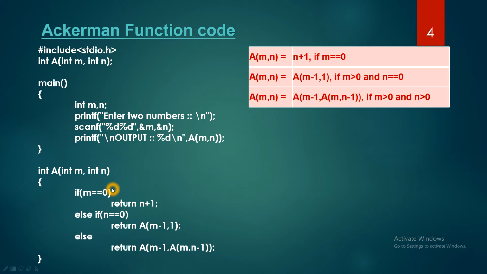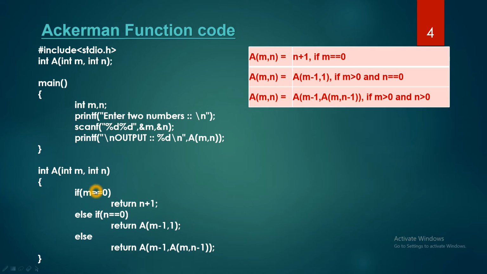Else, if this case is false, so m is greater than 0, then you come to the else-if part, and now if n equals 0, you have to return A(m minus 1, 1). And if this case is also false, with both m greater than 0 and n greater than 0, then it comes to the else part and returns A(m minus 1, A(m, n minus 1)). So these are the three rules.